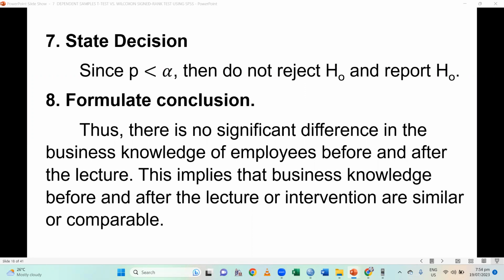That's why I copied the null hypothesis earlier. And for the formulate conclusion part: thus, there is no significant difference in the business knowledge of employees before and after the lecture. Having another interpretation, this implies that business knowledge before and after the lecture or intervention are similar or comparable.